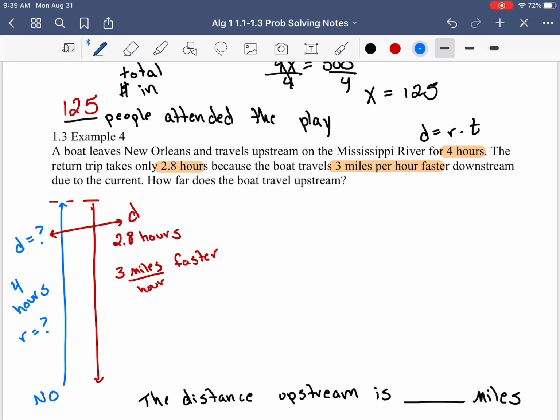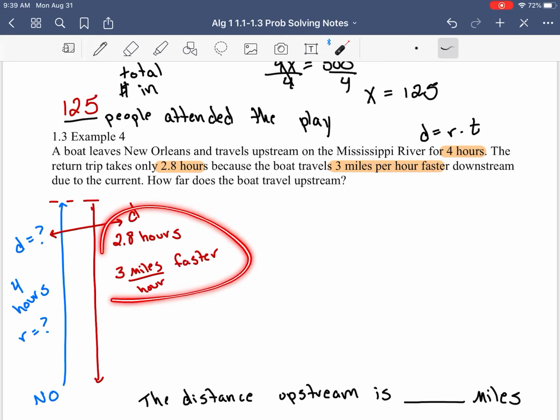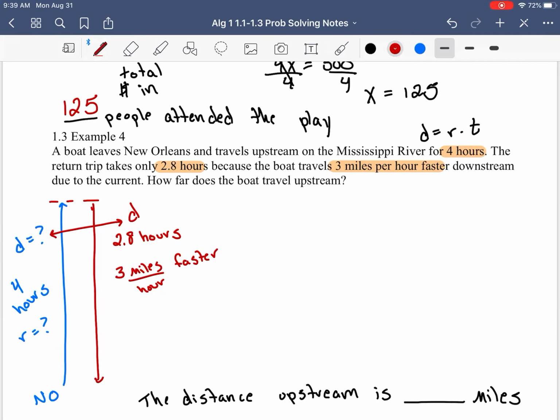My rate on the way back is going to be 3 miles per hour bigger than this rate over here. So whatever this rate is, R, the rate over here is going to be 3 faster, so R plus 3. But their distances are going to be equal.